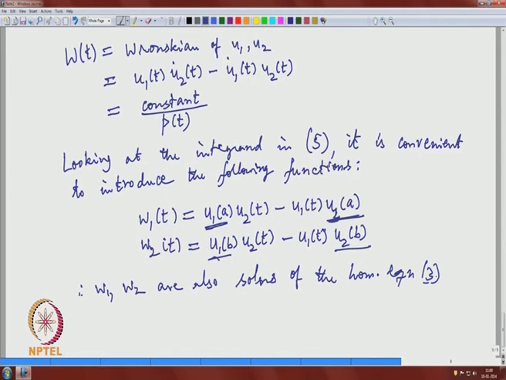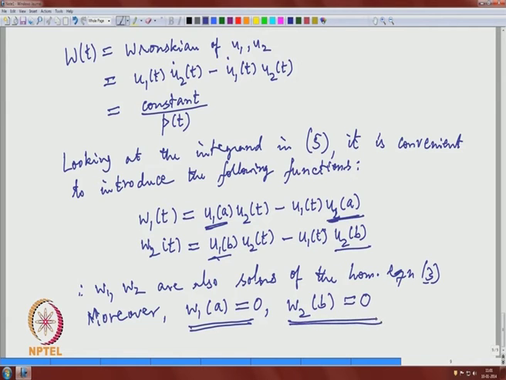And moreover, if you look at these expressions, and this is the advantage we take now, w 1 a is equal to 0 and w 2 b is 0. So they are solutions of the homogeneous equation, and each one satisfies one boundary condition. w 1 satisfies the boundary condition at a and w 2 satisfies the boundary condition at b.